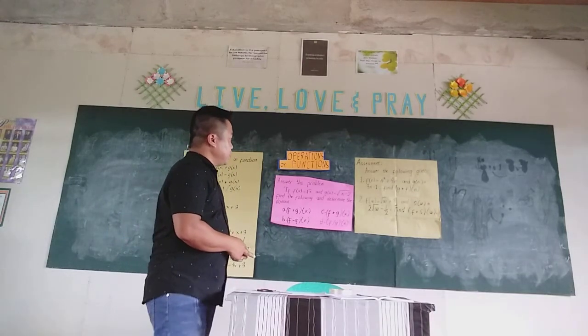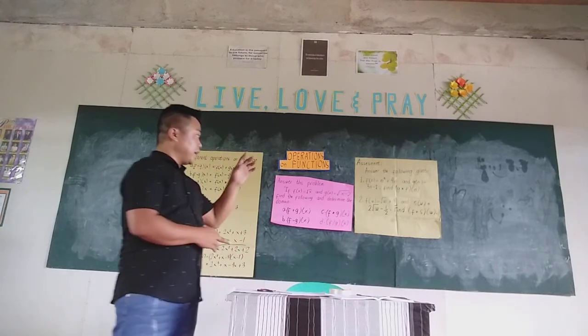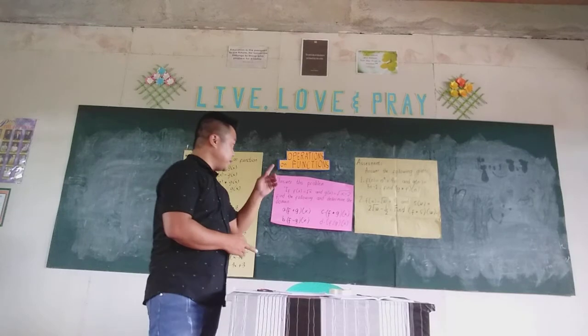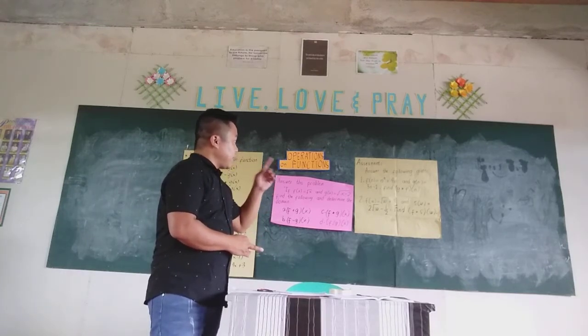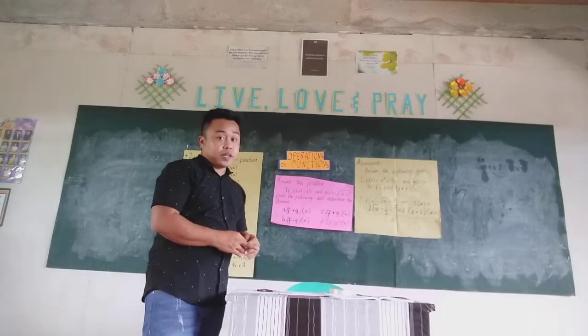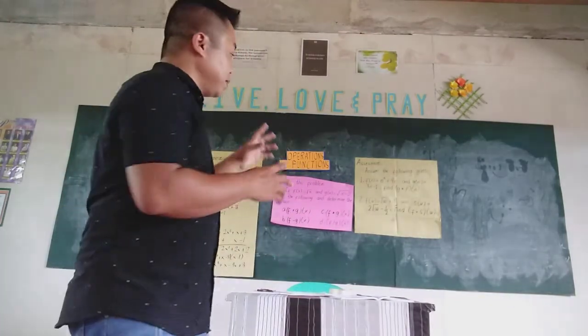Now, you have two problems. Number 1, if f of n equals n cubed plus 4n and g of n equals 3n minus 1, find g times f of n. So you are going to apply multiplication.